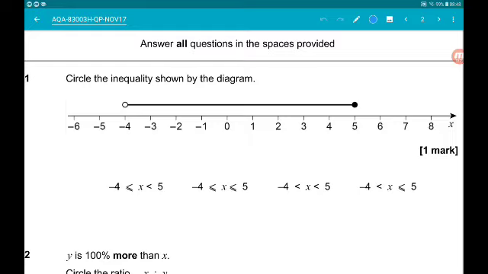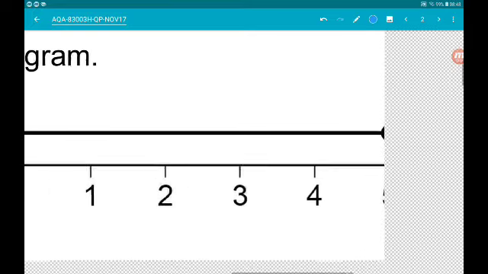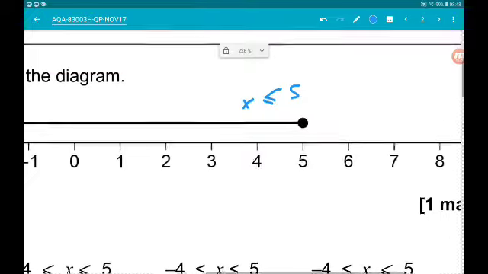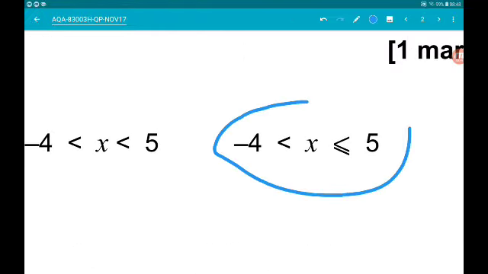So we can see x is strictly greater than minus 4. And then over here, we can see that x is less than or equal to 5. So as a single inequality, that is this guy.